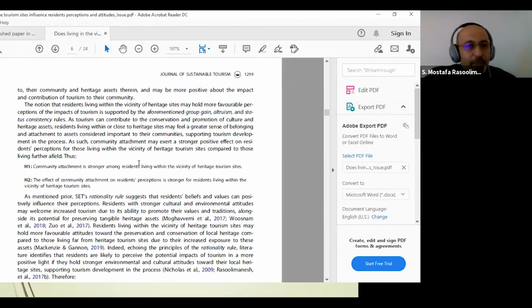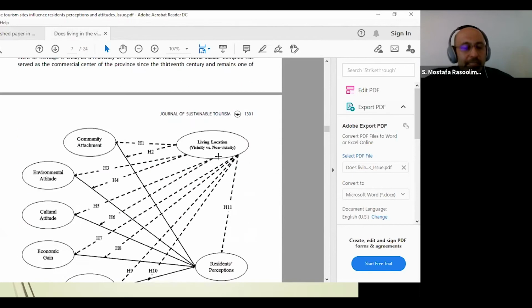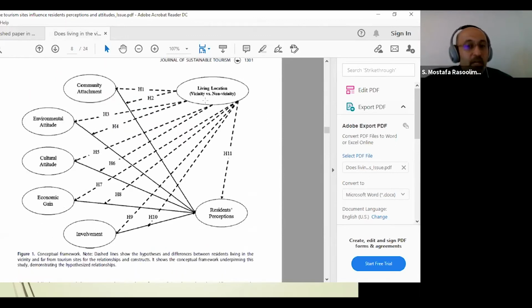Another way, okay, we have another paper here. In this paper, we hypothesize location as a moderator for the relationship between IV and DV.